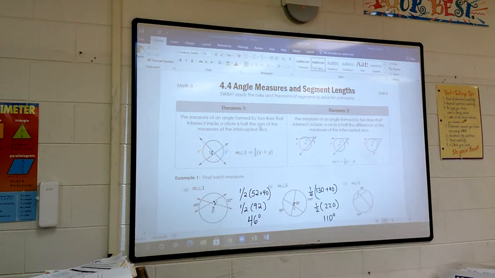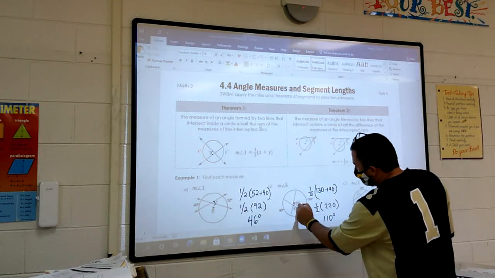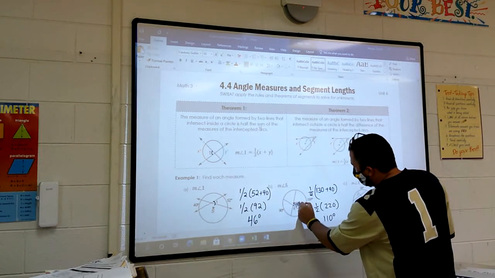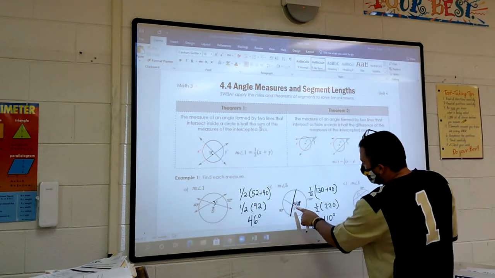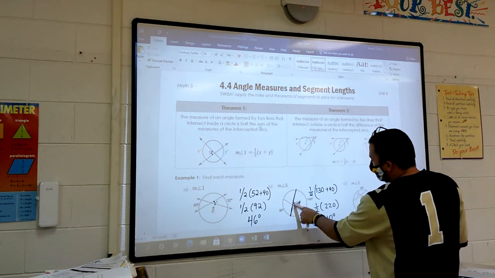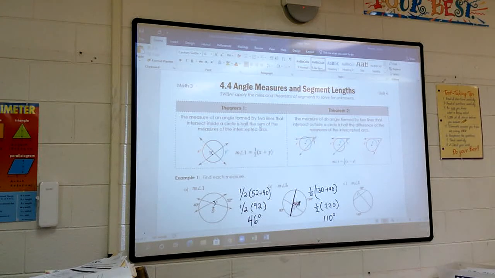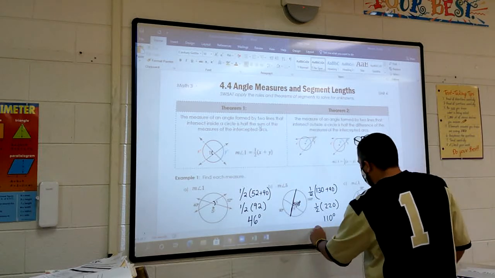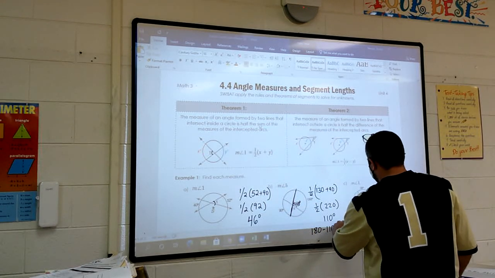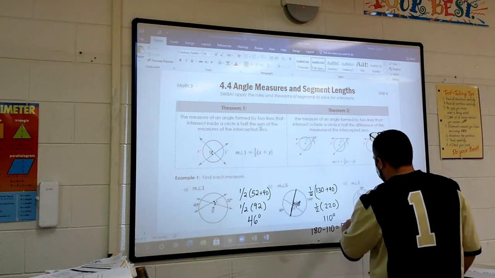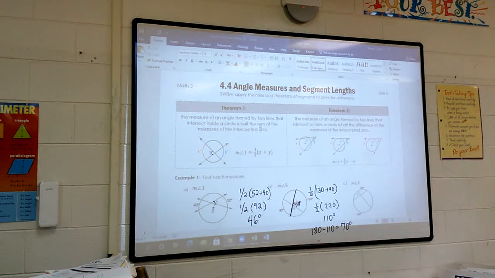Now, if this angle right here is 110 degrees, and this is a straight line, what do these two angles have to add up to? If that's a straight line, 180. So if I know that this one is 110 degrees, I can do one more math here. 180 minus 110 means angle 5 has got to be 70 degrees.